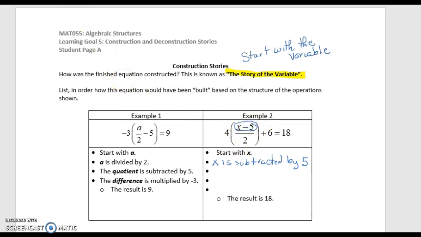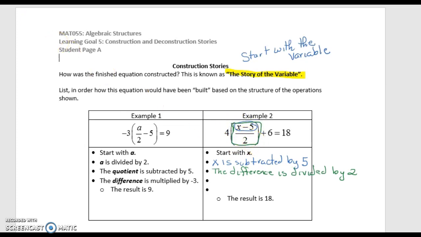Then next, the difference, the answer to a subtraction problem, is divided by 2. That gives you this quantity right here.